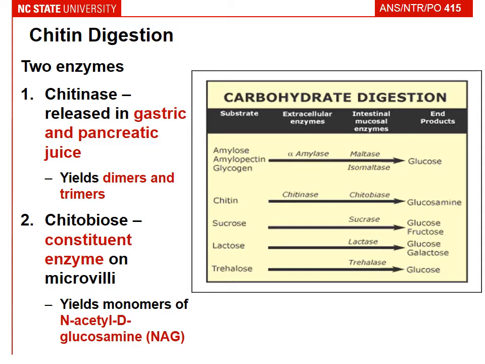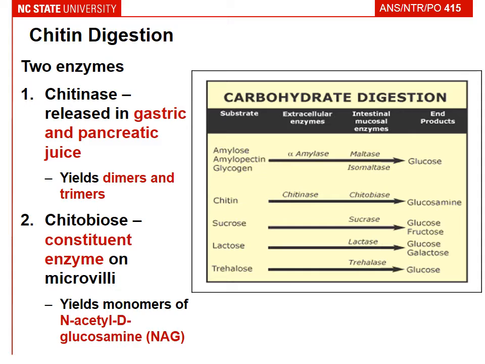The first one is chitinase, and this is released from either the gastric or pancreatic juice. And this all depends on the animals. Some animals only have it secreted in the stomach, and others have it secreted from both the stomach and the pancreas. And really it depends on, are they obligate insectivores or are they omnivorous animals that also consume insects.